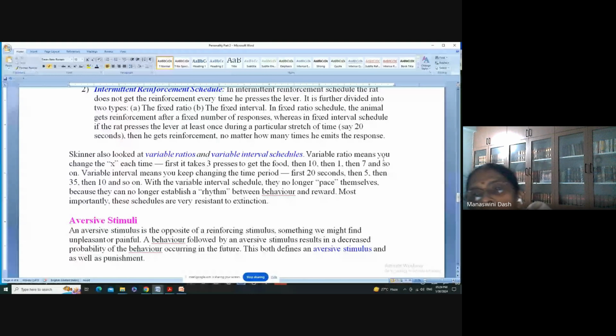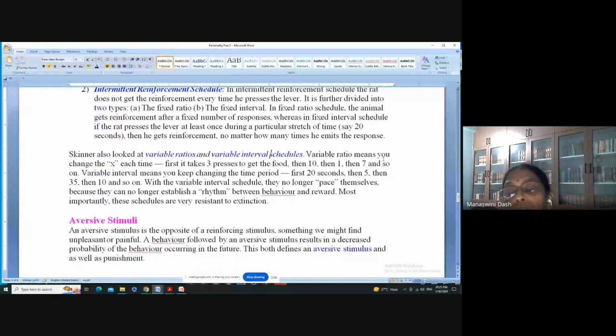In fixed ratio, we were reinforcing the animal after a fixed number of responses. But in variable ratio, the number of responses after which the reinforcement will be given varies. Maybe first reinforcement is given after the first response.